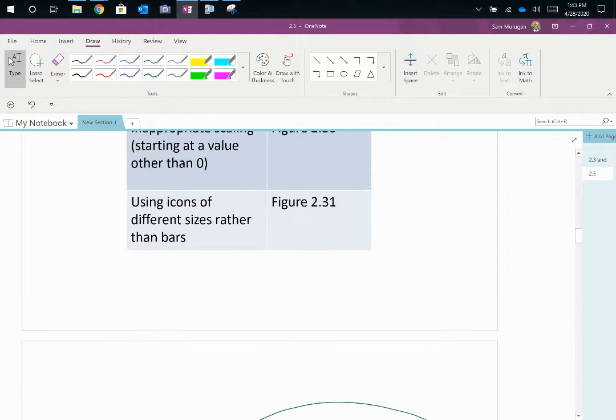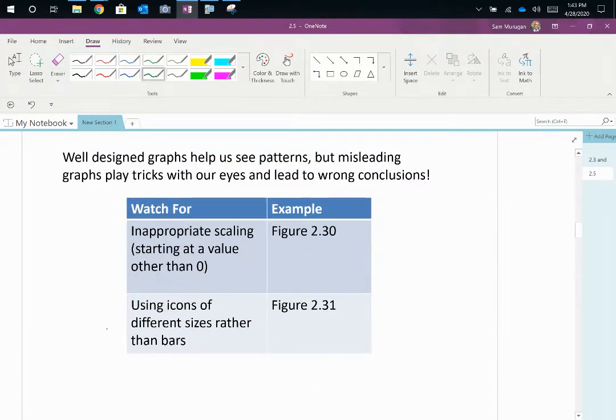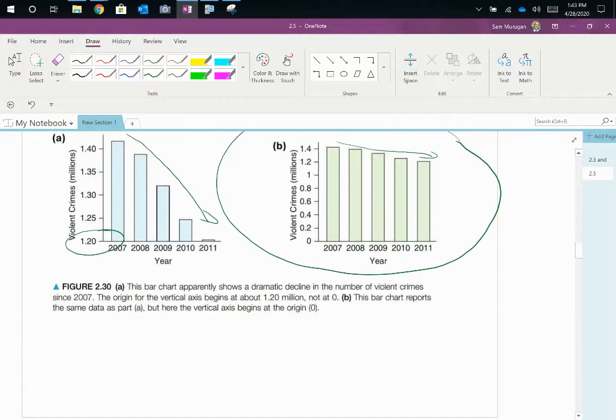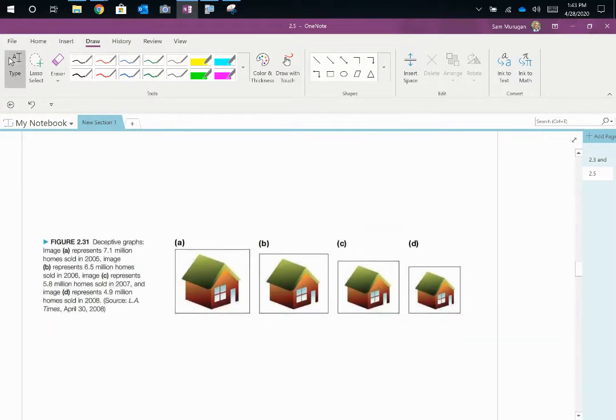The second type of misleading graph you have to watch for is using icons of different sizes rather than bars. And this you can see in this picture here. Graph A represents 7.1 billion sold, graph B represents 6.5 billion, C represents 5.8, and D represents 4.9.